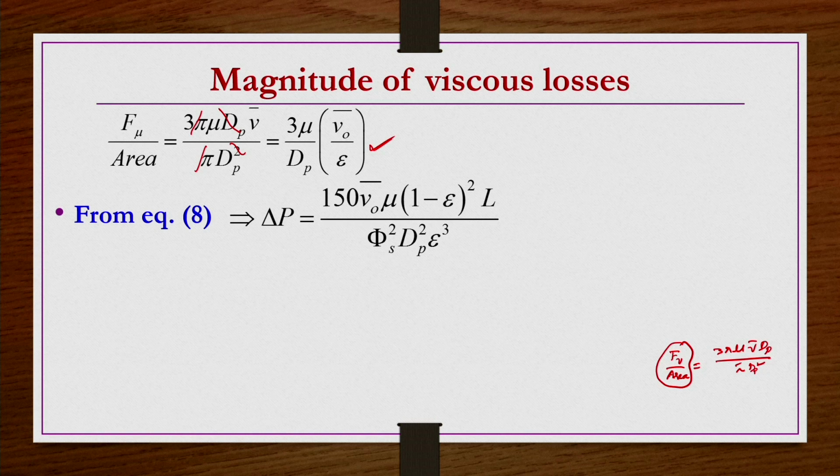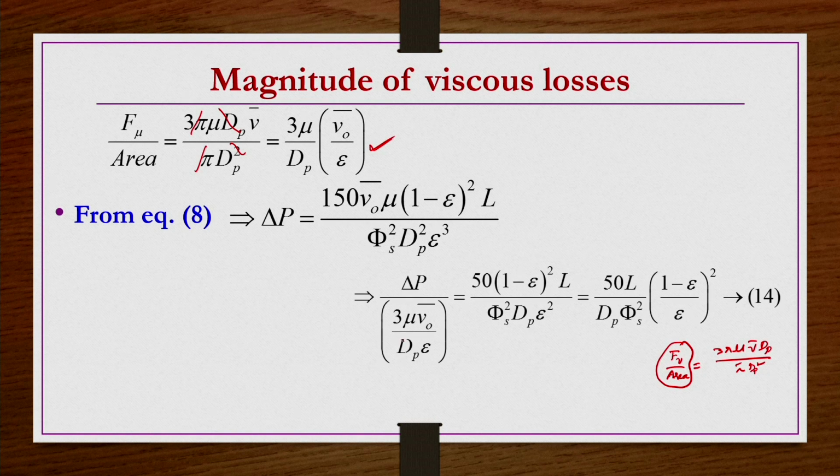Now if you divide both sides of this equation by 3 mu v naught bar by dp epsilon, then you will get this particular term. This indicates a magnitude of viscous losses for one layer of particles.